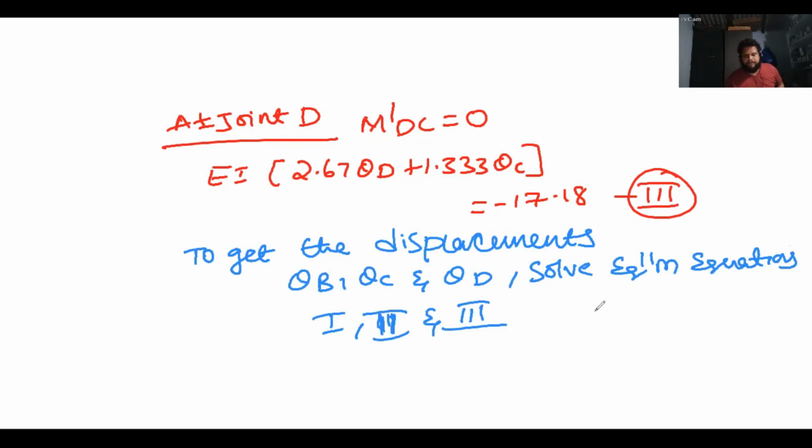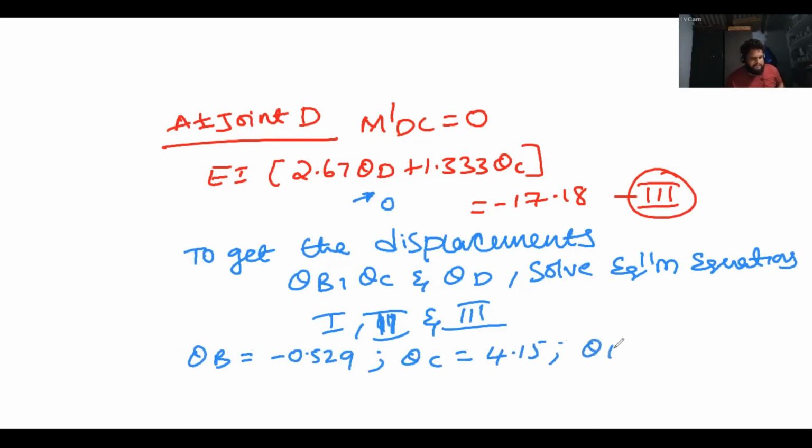Then go for 2, and wherever theta B is not there in the equation, just substitute 0. So you will get theta B as minus 0.529, theta C as plus 4.15 and theta D as minus 8.51. This is how you get theta B, theta C and theta D.